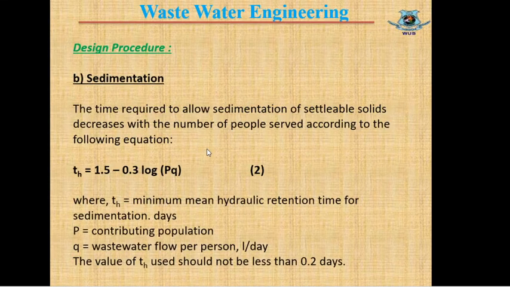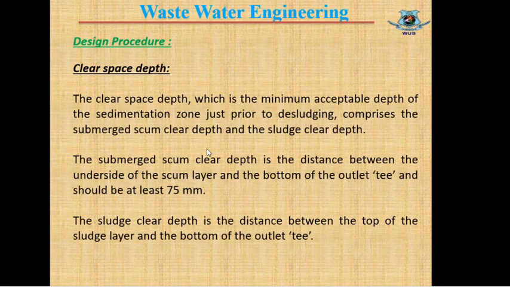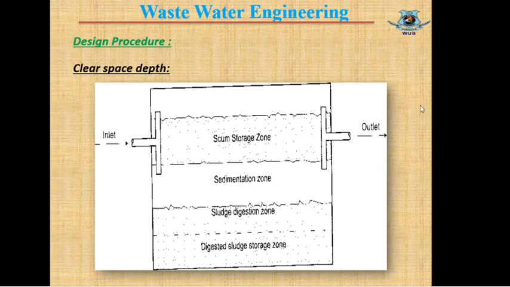If we see the picture of the tank, it will be clear. This is the scum storage, at the top of the septic tank, and this is the sludge storage zone, which is at the bottom of the tank. So this storage will be 30 to 40% of the sludge storage.